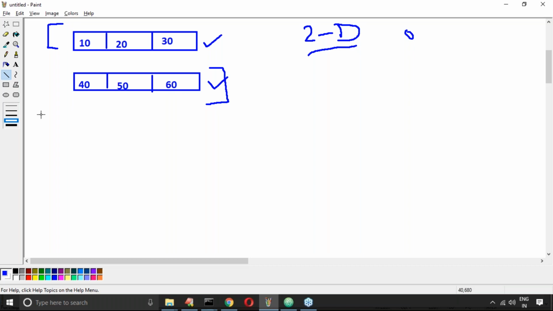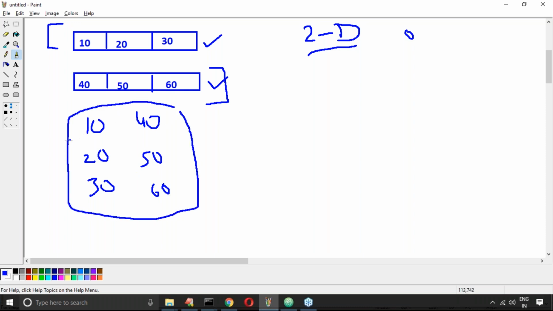What will happen is, here the first column is 10, 20, 30, and the second column is 40, 50, 60. Have you observed? So now what is the result of this array? Column wise, can you please stack?